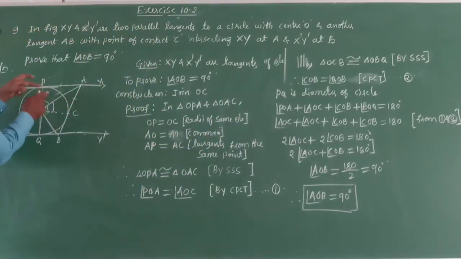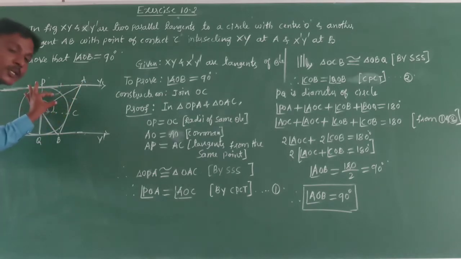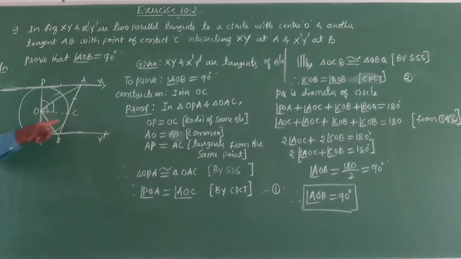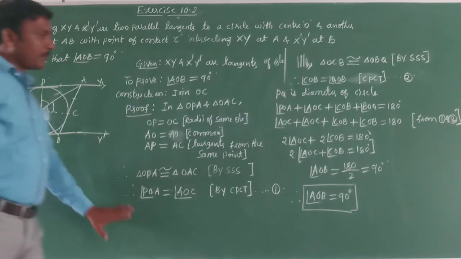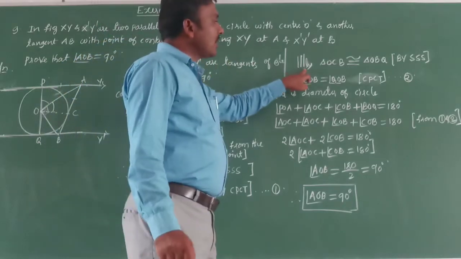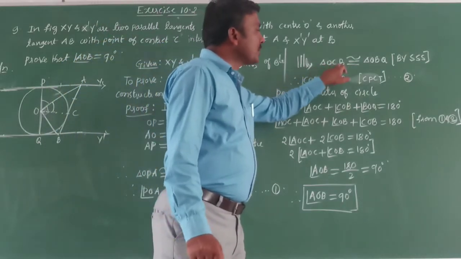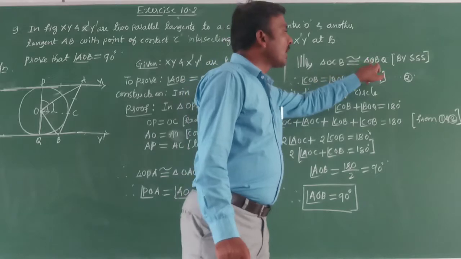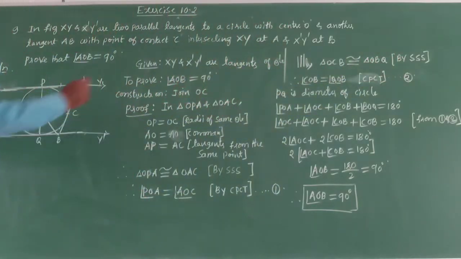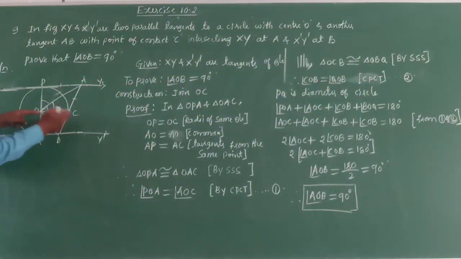Similarly, we proved that these two triangles OPA and OAC are congruent to each other. Similarly, we can prove the remaining two triangles OCB and BOQ are congruent to each other by using the same condition. Triangle OCB is congruent to triangle OBQ by SSS criteria. Here OC is equal to OB because they are radii of the same circle.